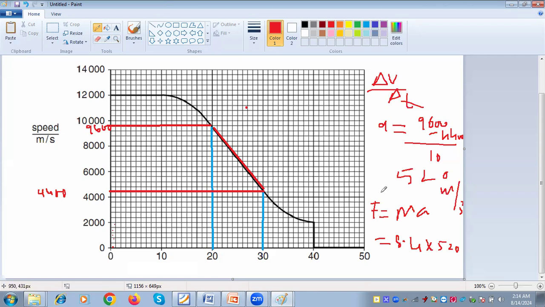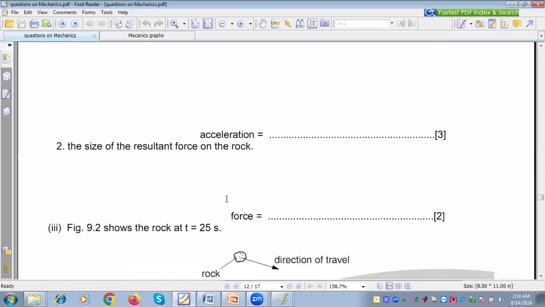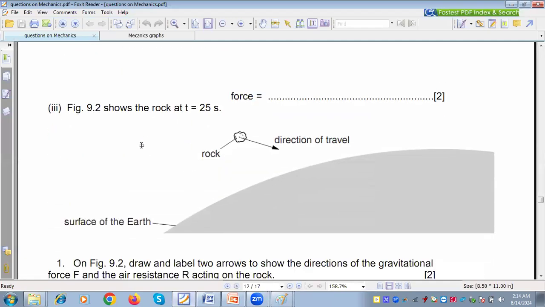That is equal to 4368 newtons. So we have calculated the resultant force at t equals 25 seconds.